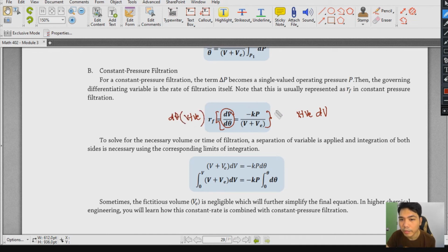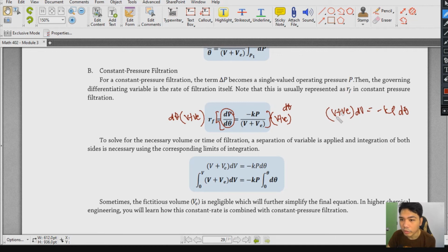So parang ganyan yung multiplier natin both sides. So from this, magiging V plus V sub E na lang siya, dV. So V plus V sub E dV, which is equal to negative K delta P d theta. So yun yung magiging expression natin.